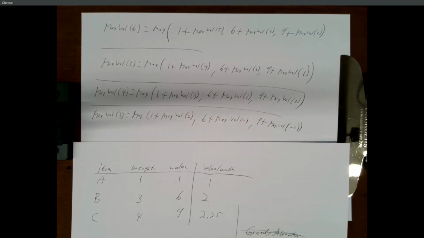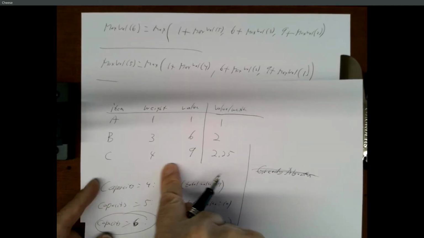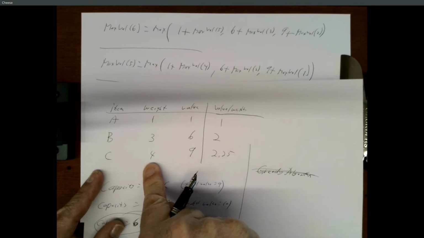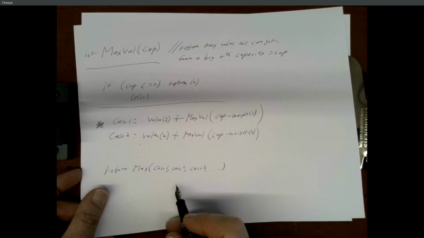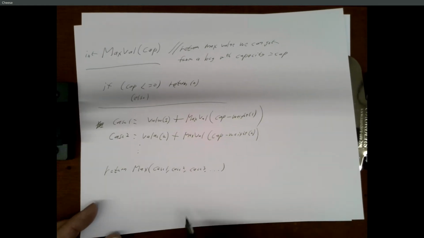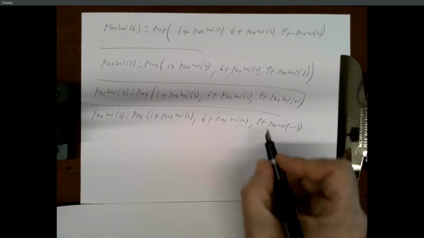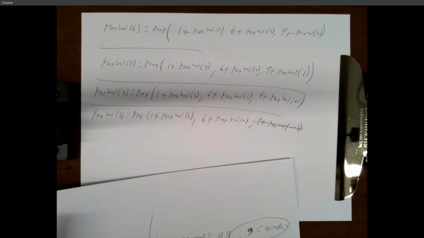Well, we can't actually run that case, right? Because if our bag only holds 3 pounds, we cannot put item C in because it weighs 4 pounds. So when we iterate here, we have to make sure that we're only generating cases where the weight of this item I is not bigger than the capacity we're interested in. So we won't generate that case.